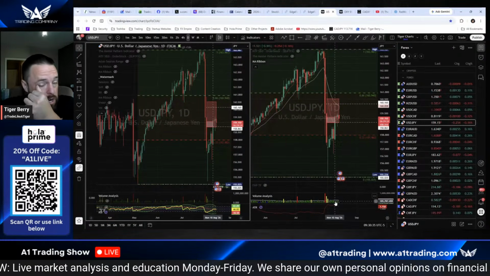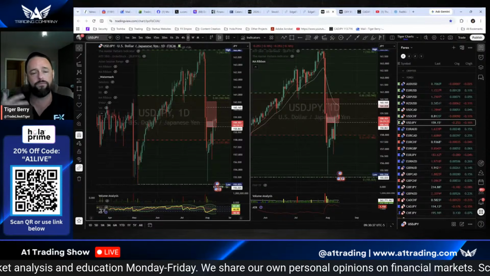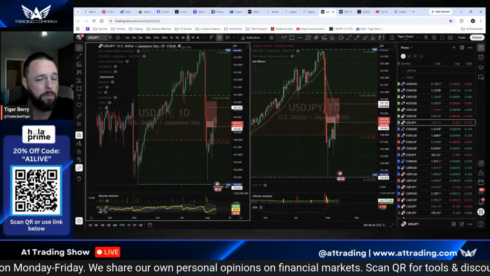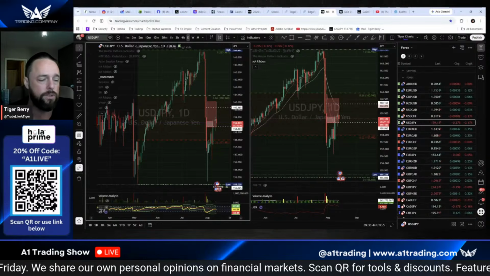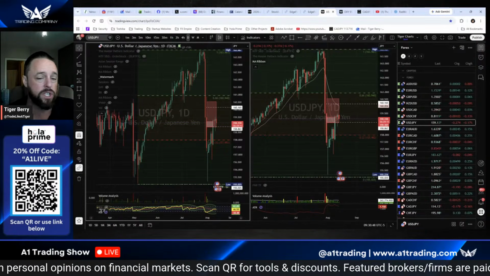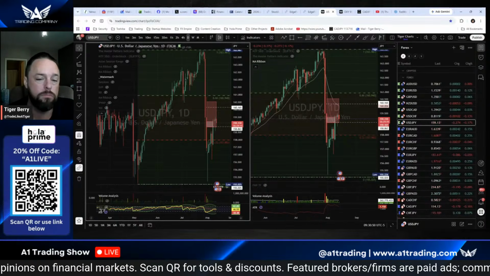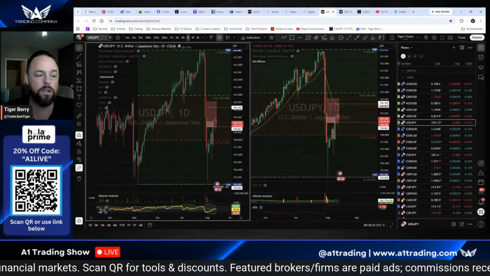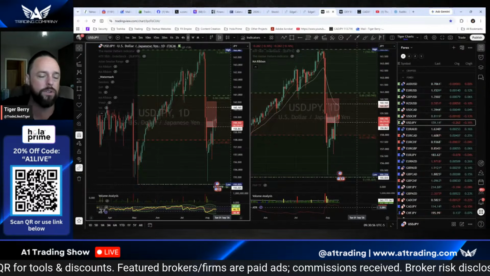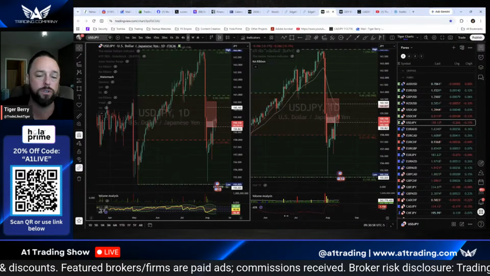To get into a trade like that, I would have to cut my risk in half because the volatility is still basically double. Either cut risk in half or double the stop losses. It's a way to account for the excessive volatility that they're experiencing relative to their averages.